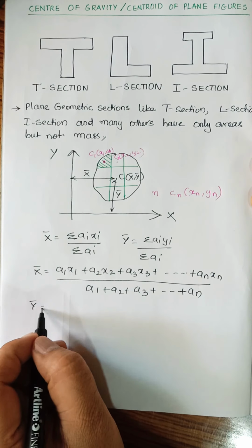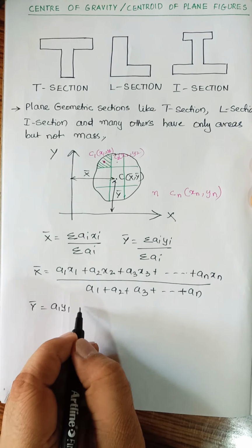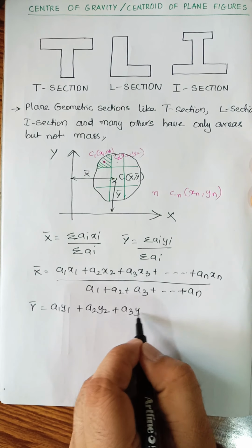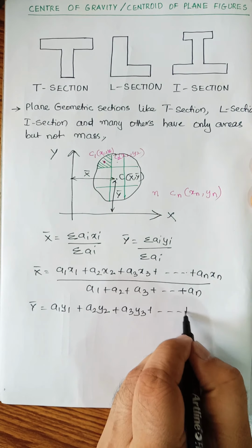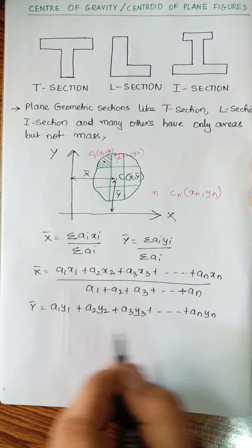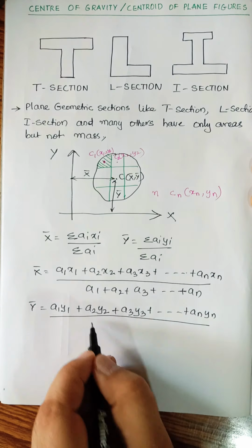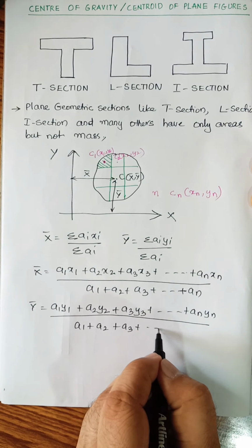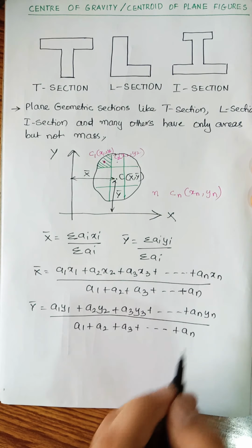Similarly, y bar refers to a1 y1 plus a2 y2 plus a3 y3 plus so on up to an yn, divided by a1 plus a2 plus a3 plus so on up to an.